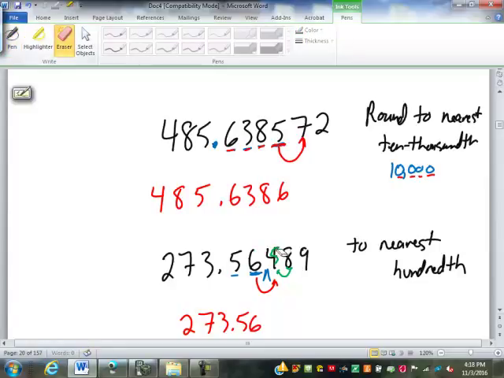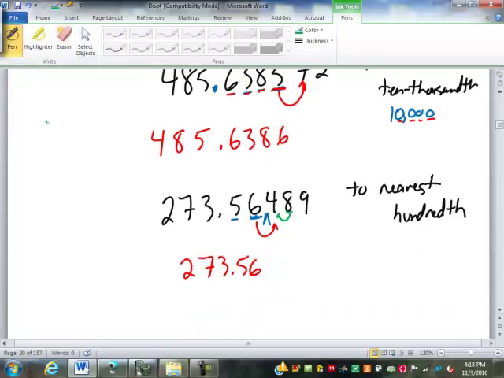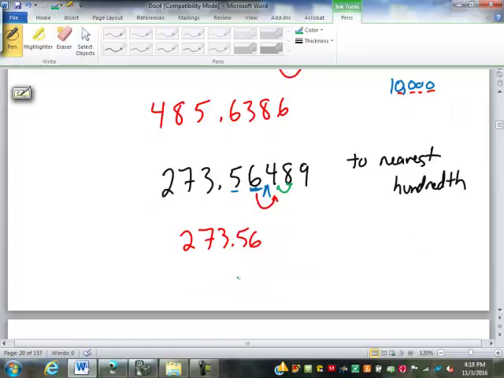So if I take that 5 out of there, remember when we round, what we are asking is which one is it physically closest to. So we're looking at a number line. Here is 273.56. Over here is 273.57.